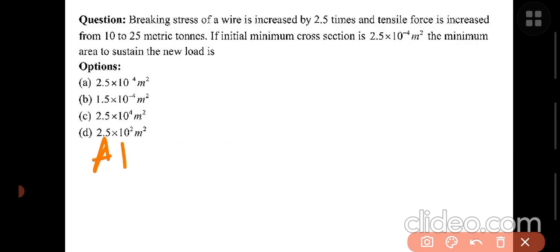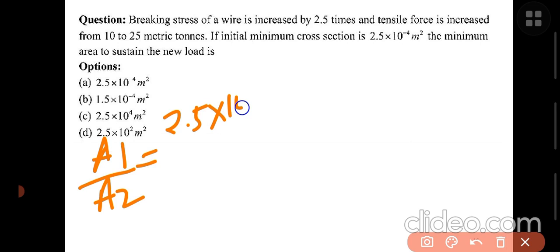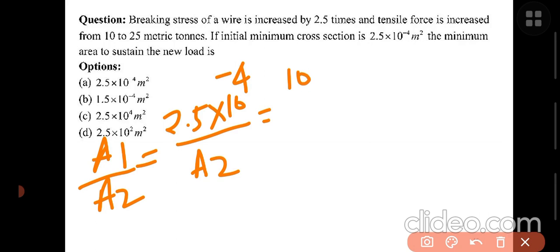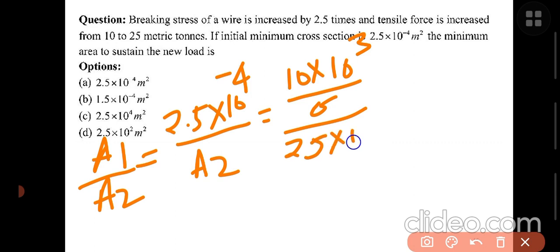A1 by A2 is equal to 2.5 into 10 to the power minus 4 divided by A2, where A is found as F by sigma. So F is given as 10 into 10 to the power 3 divided by sigma, divided by 25 into 10 to the power 3 divided by sigma.